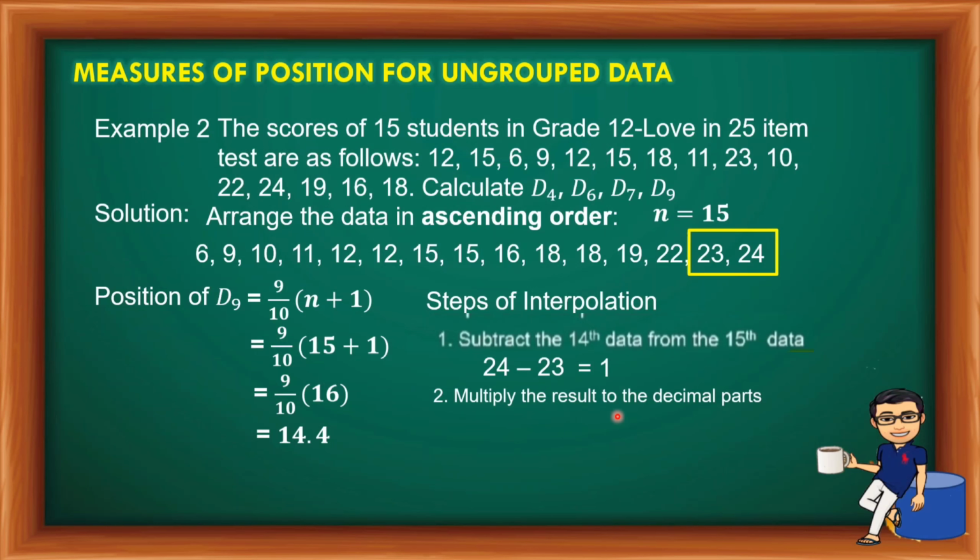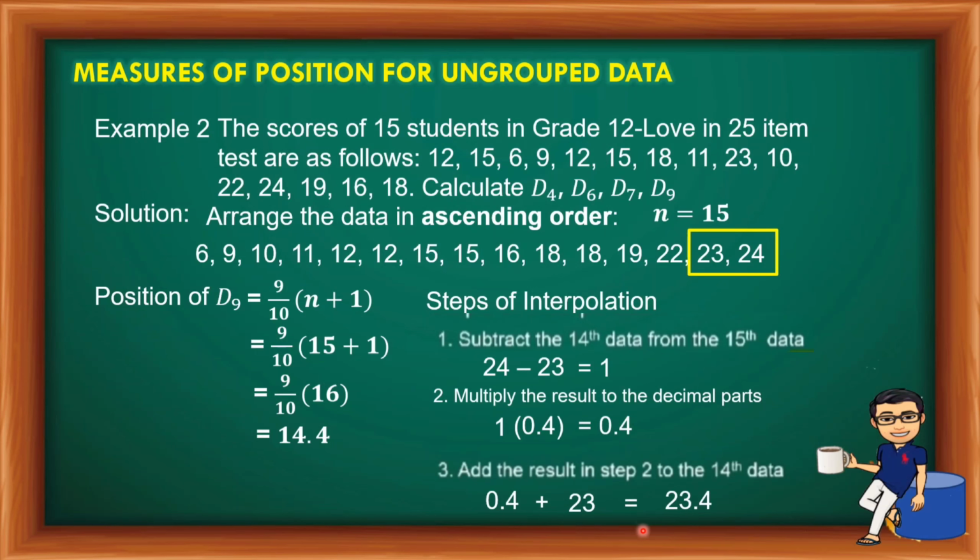So, then multiply the result, which is 1, times the decimal part, which is 4 tenths. That will be equal to 4 tenths also. Then the last part is to add the result in step 2. Ito yung result ng step 2 times lowest dun sa dalawa plus 23. Therefore, the answer is 23 and 4 tenths. And that will be our decile 9.